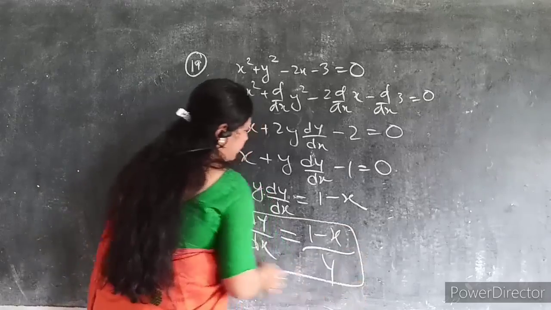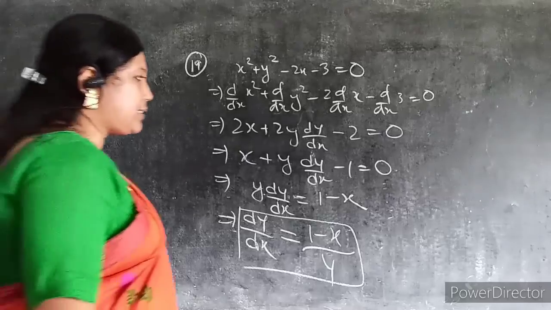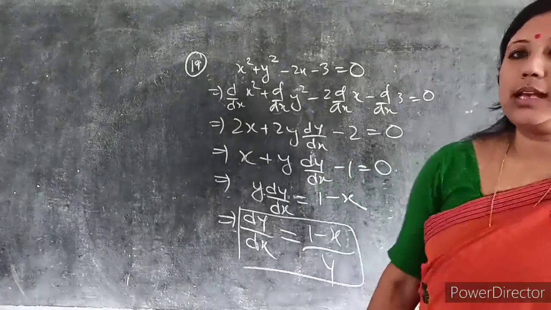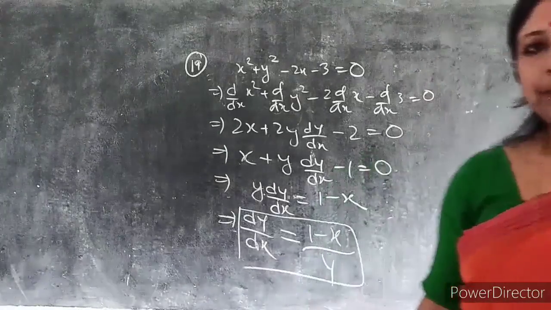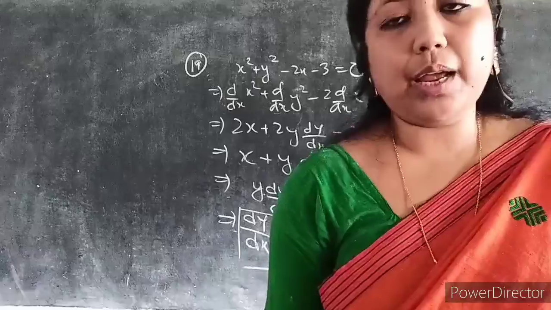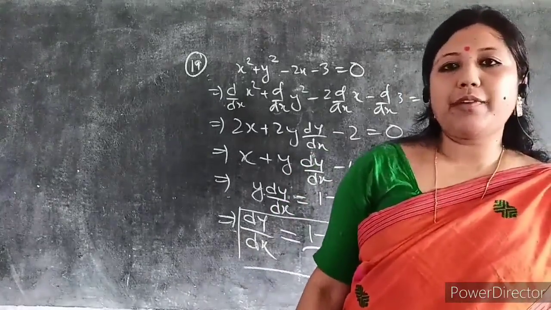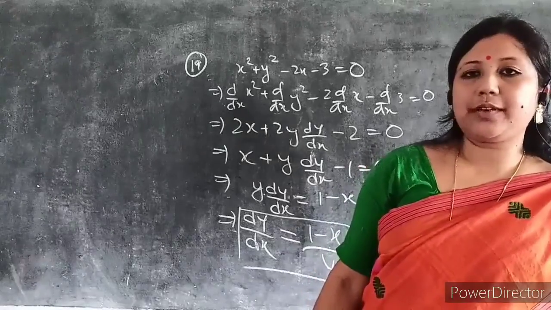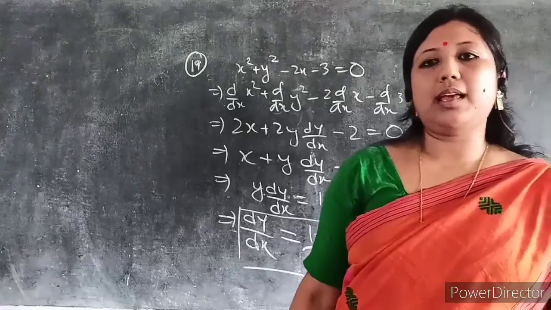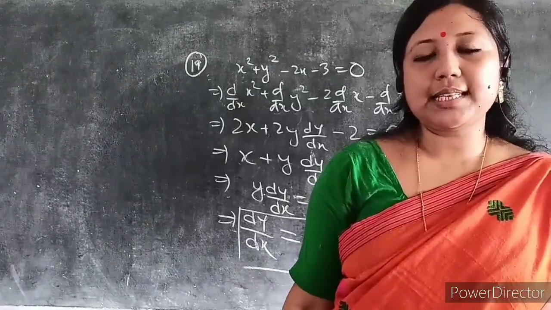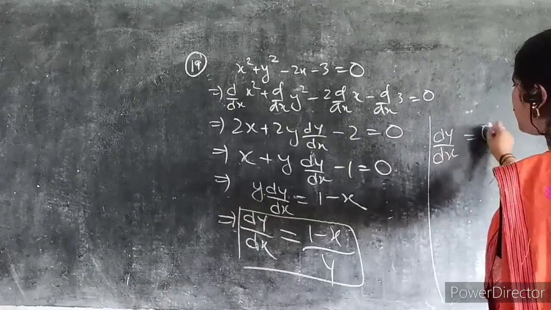So this is the slope of the curve, and this slope is now parallel to your x-axis. So whenever your equation is parallel to your x-axis, you take your dy by dx will be equal to 0.